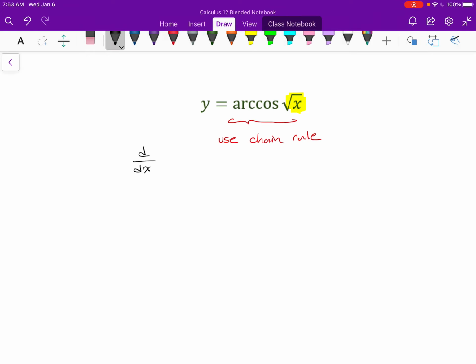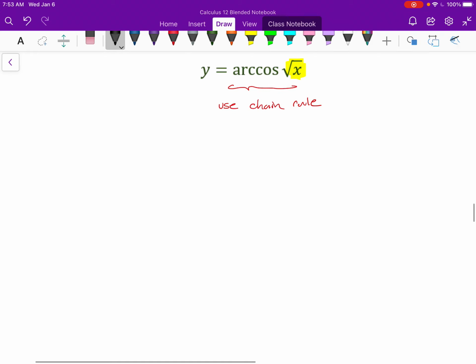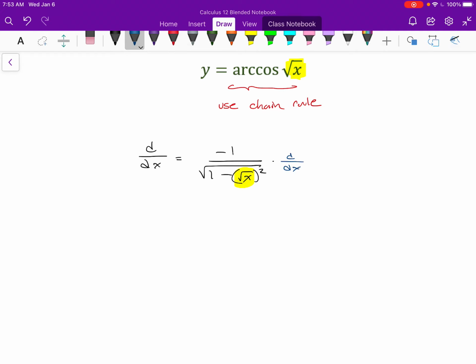And so first I want to differentiate arc cos. So the derivative of arc cos is minus 1 over root 1 minus x squared, if it was arc cos of x. But it's arc cos of root x, so it's 1 minus root x squared, times the derivative of root x.